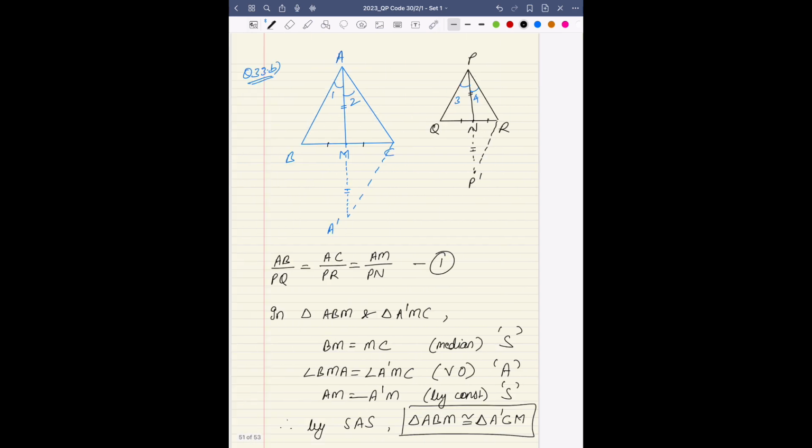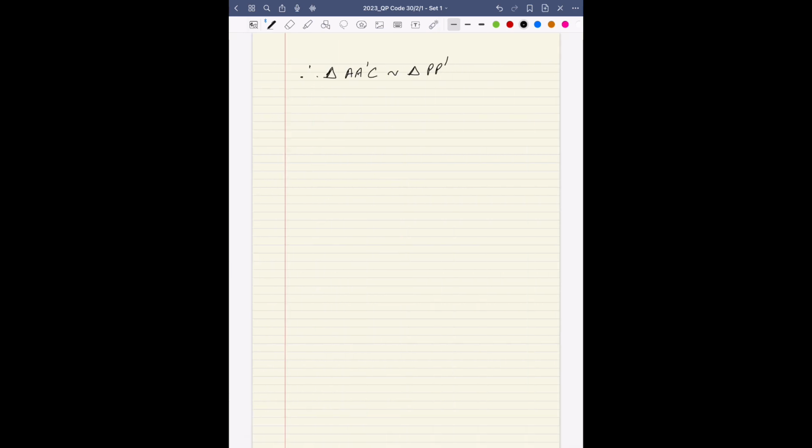Hence, triangle A dash C is similar to triangle P dash P R. And we know the basic definition of similarity: the sides are proportional and the corresponding angles are equal in similar triangles.